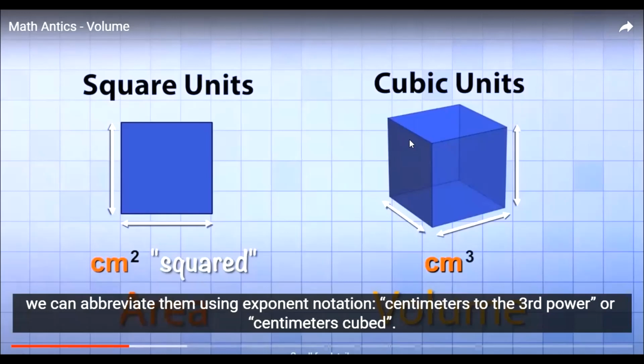So we just imagine a lot of tiny little cubes that fill up the entire region or space that's put within this shape. Okay, guys? And that's basically how we look at area and volume.